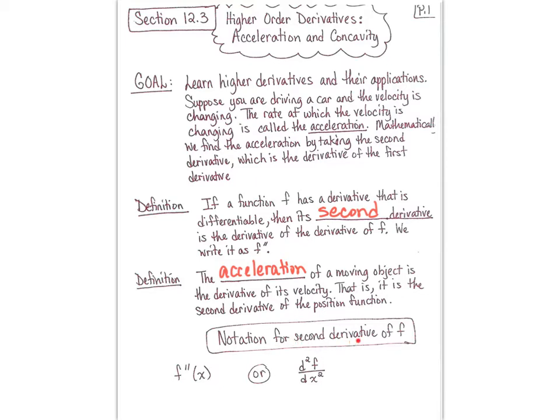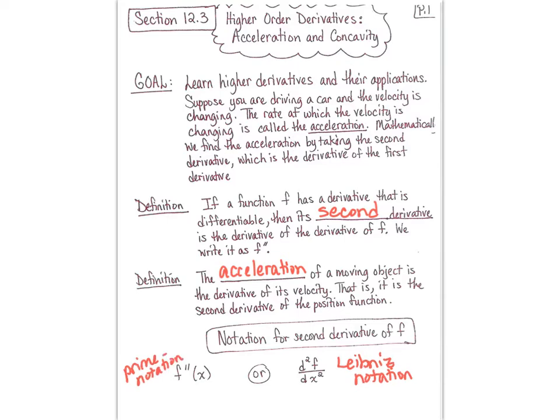Notation for the second derivative of f, use either f double prime of x, or in Leibniz notation, you'd use the second derivative of f with respect to x. That's what that means. So again, this was Leibniz notation. And this was prime notation.